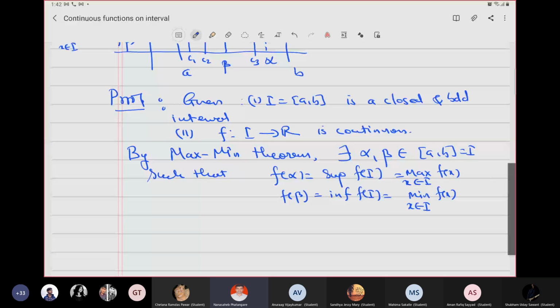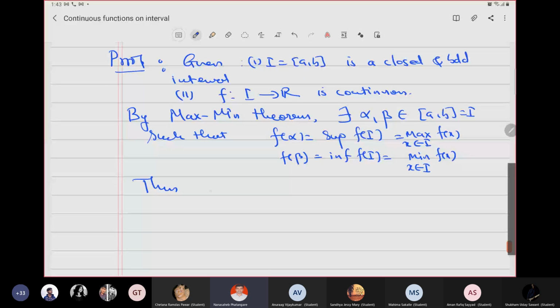Now what is the situation? At alpha value is maximum, at beta value is minimum. Now see the figure. So thus alpha and beta are in AB. F of alpha is maximum of f of x. F of beta is minimum of f of x.